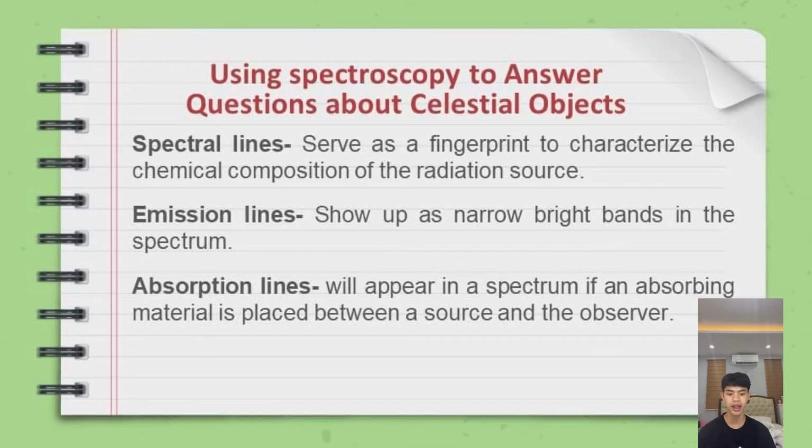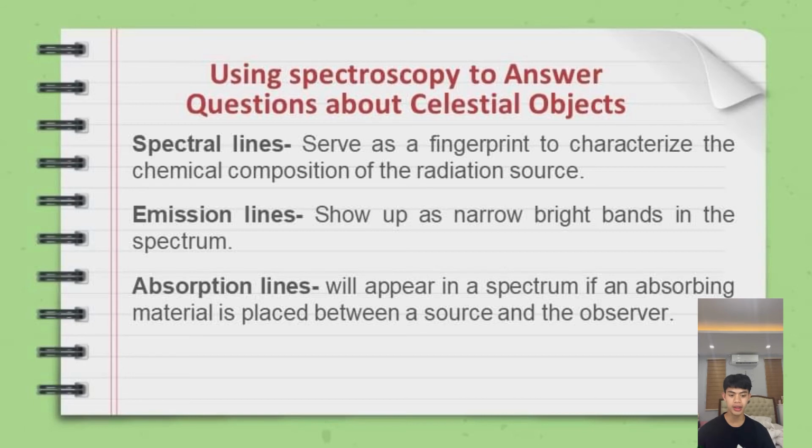Let's move to slide 8. If you look closely at an image made by a spectroscope, you'll see that the light from a celestial object does not contain all possible wavelengths, but rather displays distinct spectral lines. Emission lines show up as narrow bright bands in the spectrum. Each emission line corresponds to a wavelength of the energy emitted by a specific element within a radiation source.